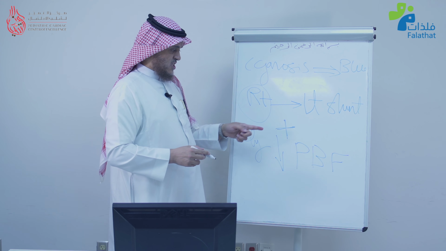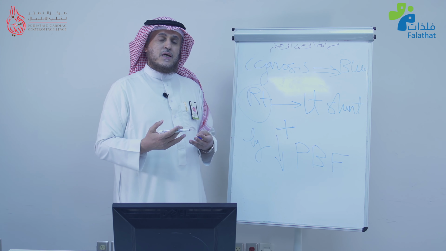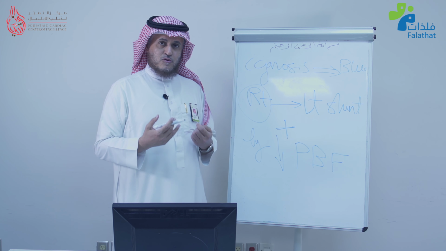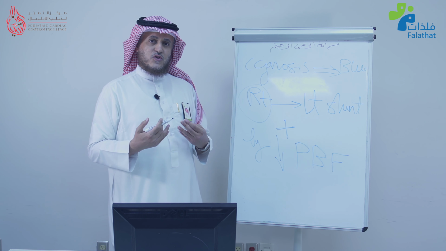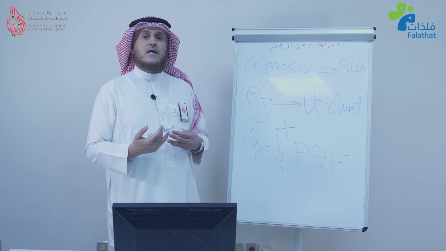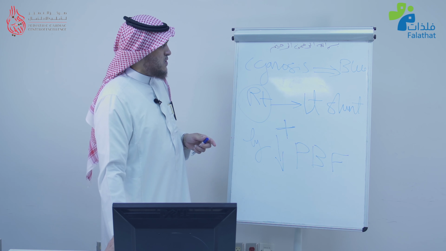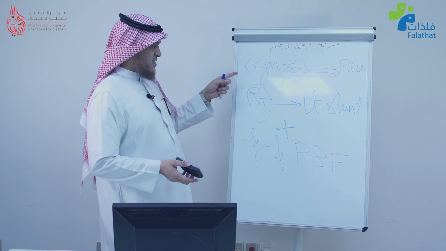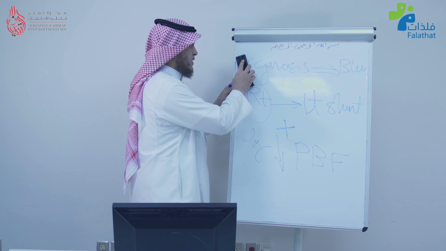If we have decreased pulmonary blood flow, that means the lungs are not receiving the full cardiac output they should receive, then that would also lead to less oxygenated blood coming to the left side, adding to the problem and making the person more cyanotic. So this is the basics of being cyanotic.